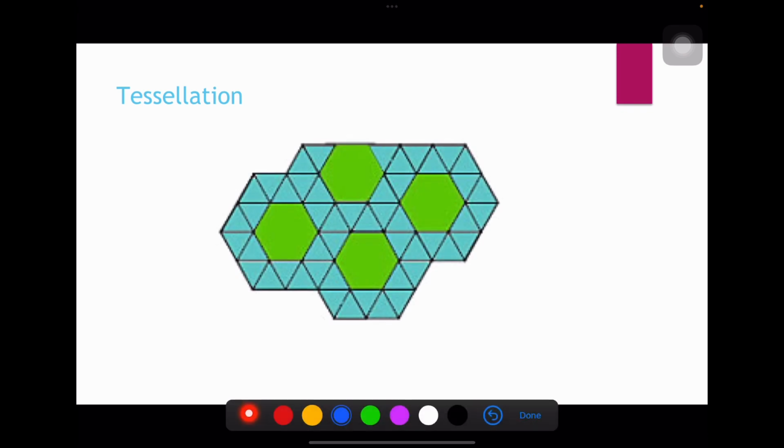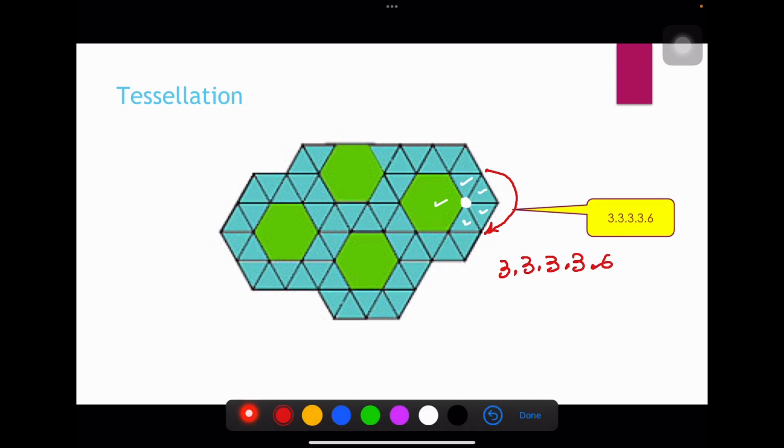Right. This one, let's find the vertex. You can see that this is the vertex here. It's in white. We have 1 triangle, 2 triangles, 3 triangles, 4 triangles, and a hexagon. So we have to follow this way, no other way. So it would be 3.3.3.3.6.